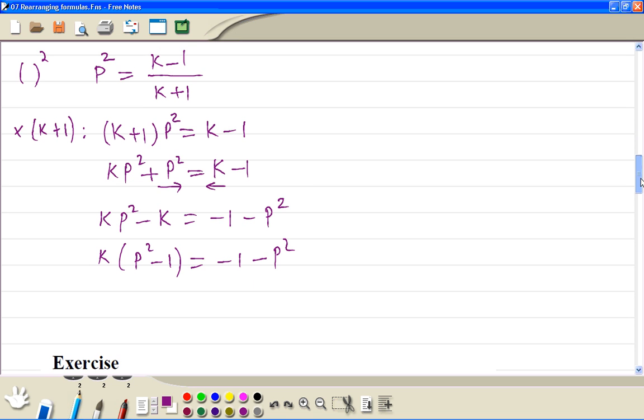Now we're going to divide both sides by P squared minus 1. So we have K equal to minus 1 minus P squared on the top, P squared minus 1 on the bottom.